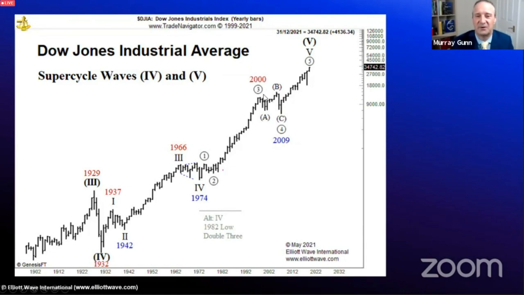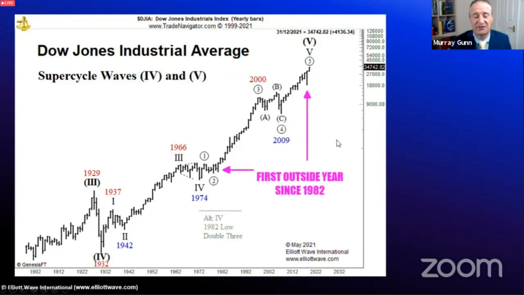And we can see another expanded flat situation here in wave 4, in what we call primary degree wave 4, which is circled. So the bottom line for this chart is that the Dow Jones Industrial Average is reaching a significant topping point in terms of the Elliott wave principle.